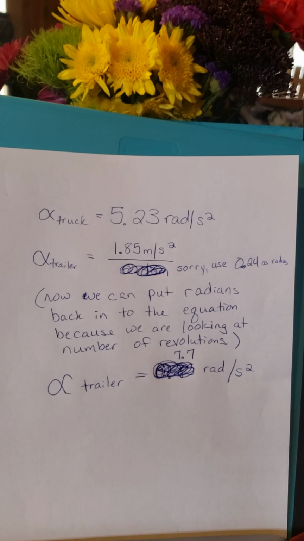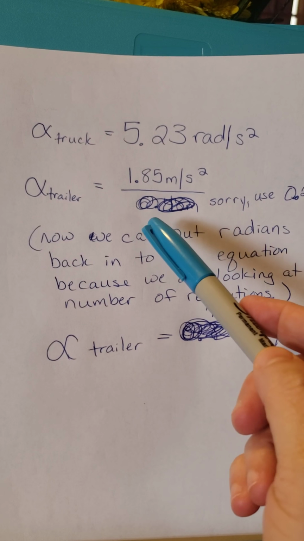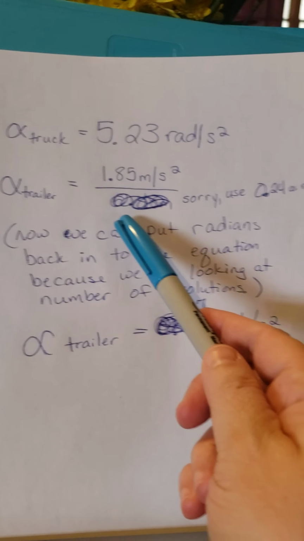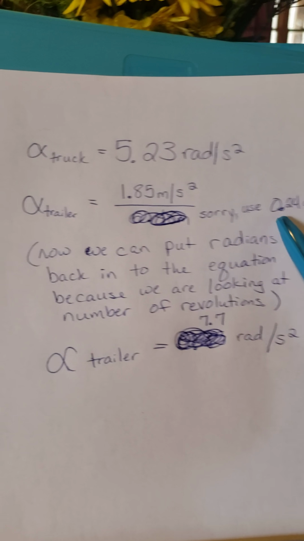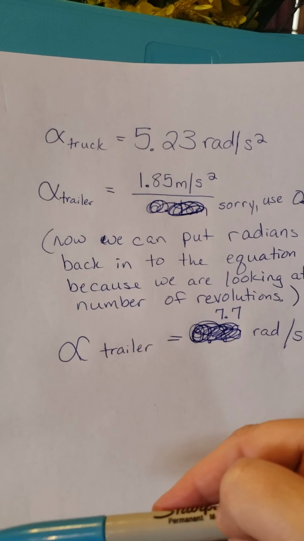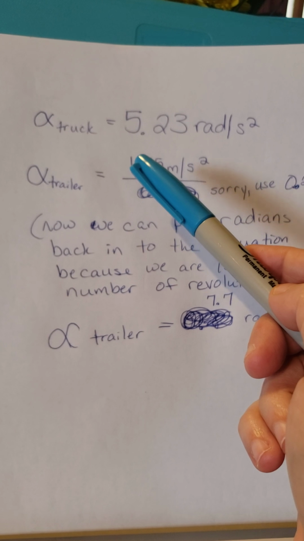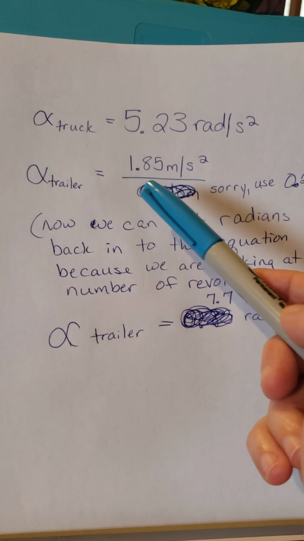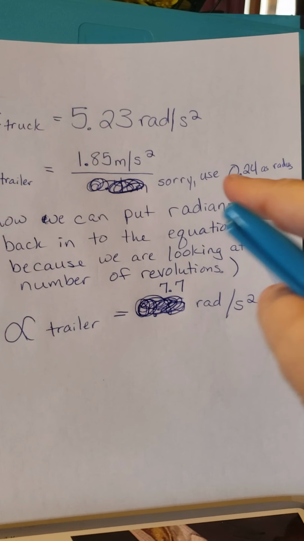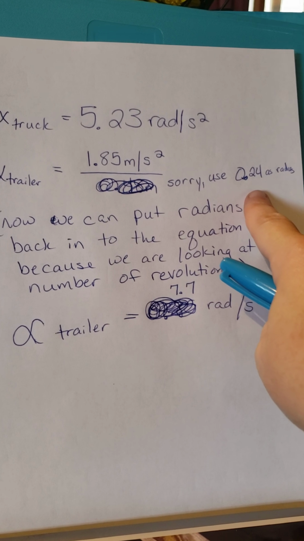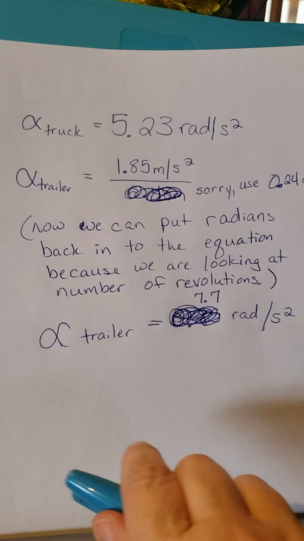And again, physics can be weird. I accidentally put the diameter in, so I'm sorry. We're going to use 0.24 as the radius. We also solved in the last problem that the linear acceleration is 1.85 meters per second squared. Now we're going to put that over the radius of the trailer wheel, which is 0.24 meters.